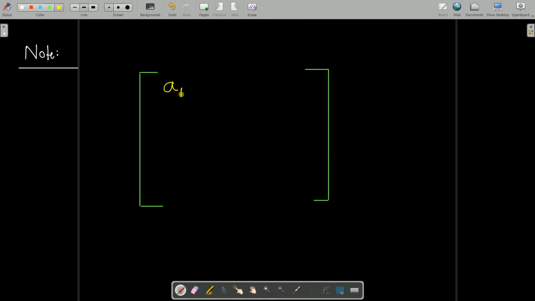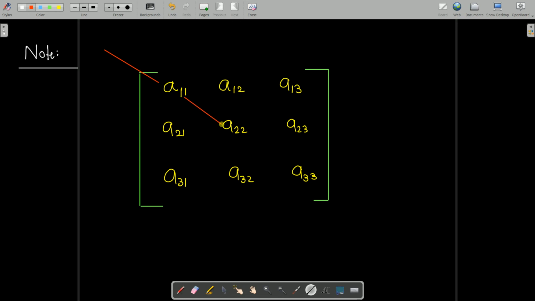So let's say this is A11, A12, A13, this is A21, A22, A23, this is A31, this is A32, and this is A33. Now you notice one thing, the elements present in the diagonal.